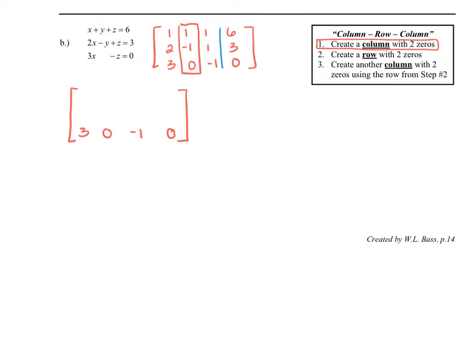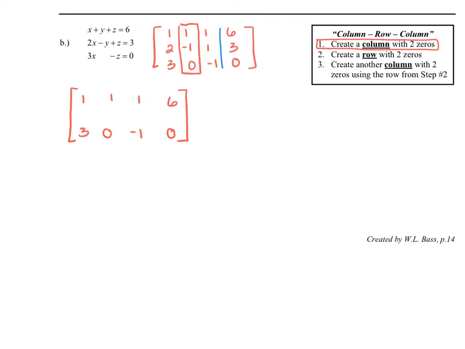Then the next thing that we want to think about is when I look above this 0, one of these needs to become a 0. It doesn't matter which one I choose to turn into a 0, but I need to change one of them. I'm going to choose to make this one a 0, which means this row will not change. So I'm going to go ahead and rewrite that row immediately as well. Again, this just helps us keep track of what we're doing.